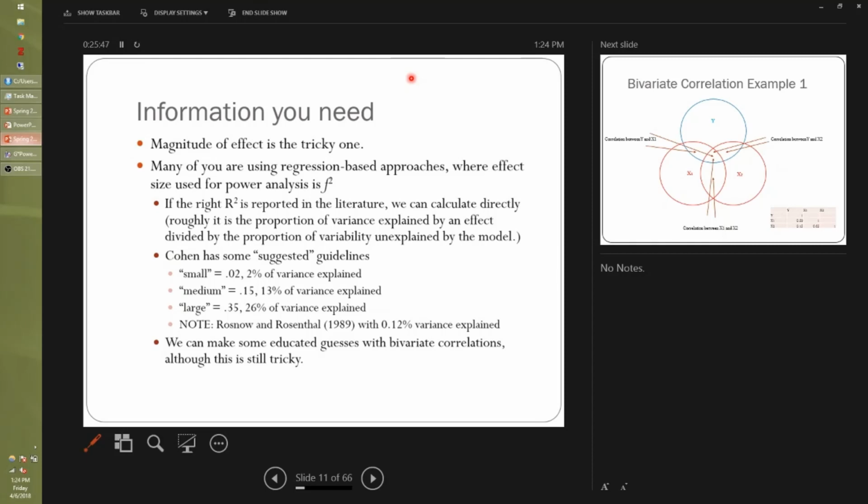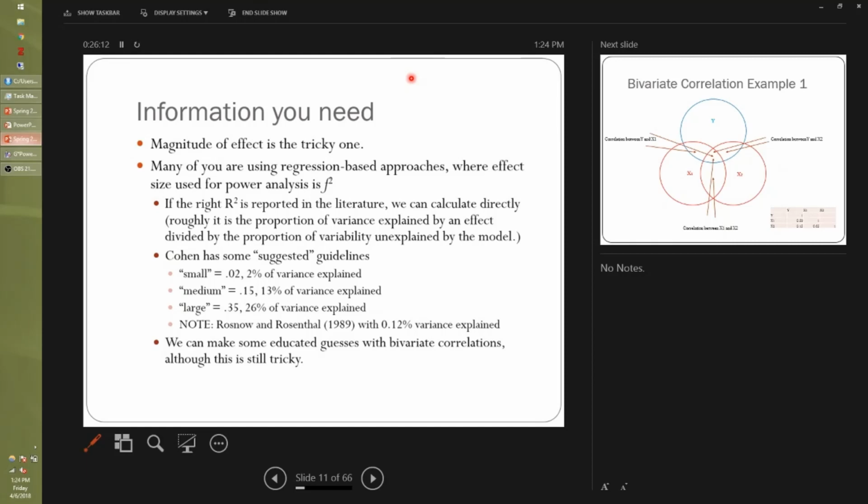And if you have R squareds from your models reported in literature, it can be really easy to get this calculation. G-Power has a little box where you can put the R squared for your effect, your factor, your treatment in one box, the error R in the other box, and it'll just figure it out for you.